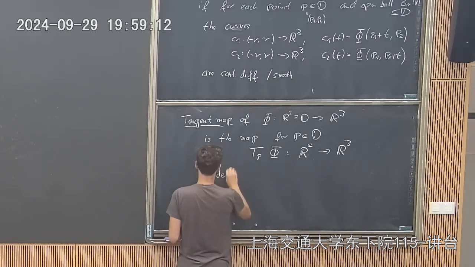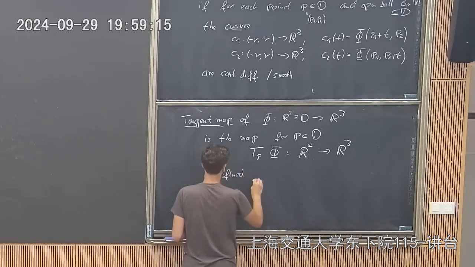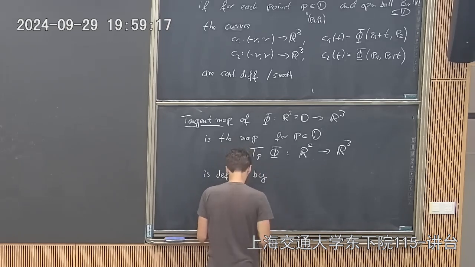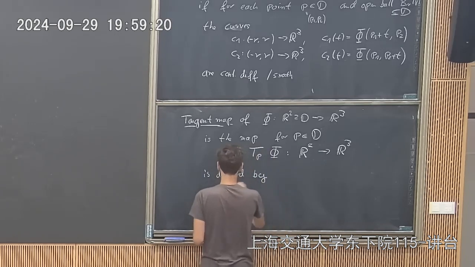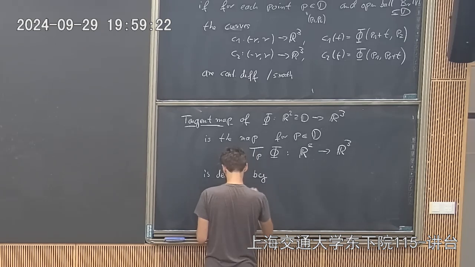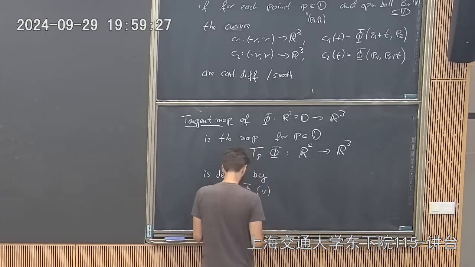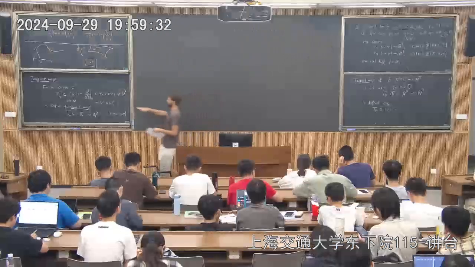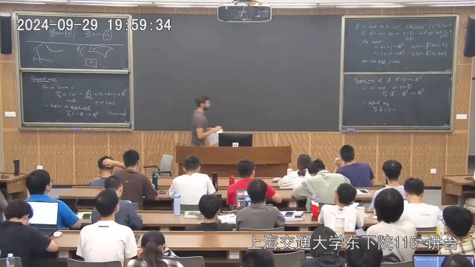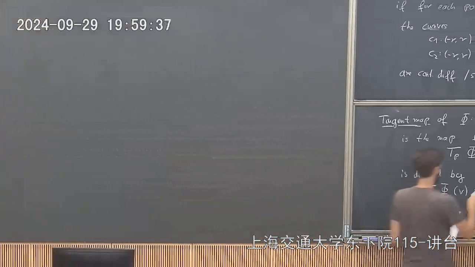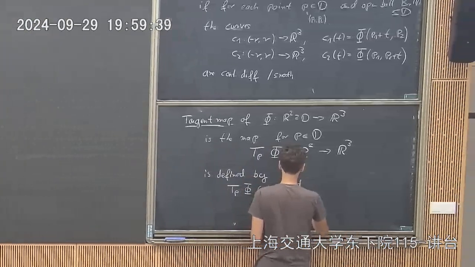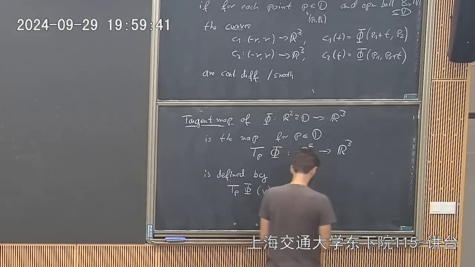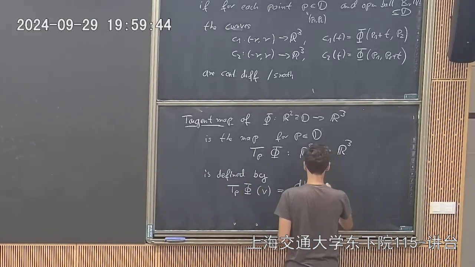It is defined by the formula where we take T_p phi in some direction v, and we essentially use this formula again. So what we do is we take d/d epsilon at epsilon equals 0 of phi.